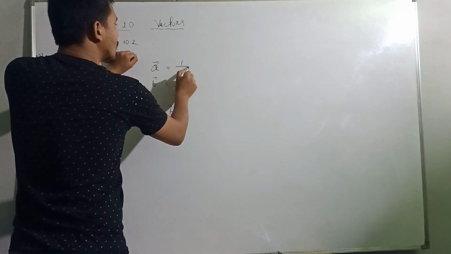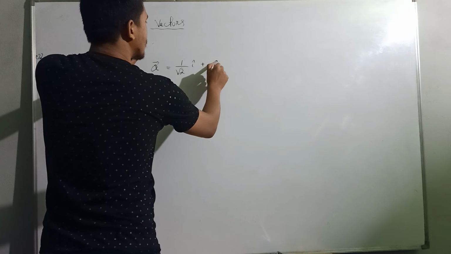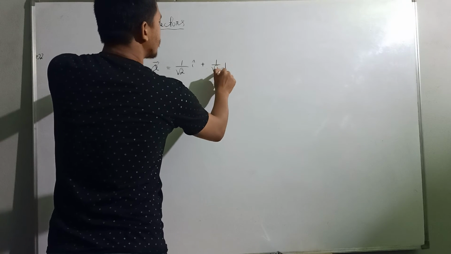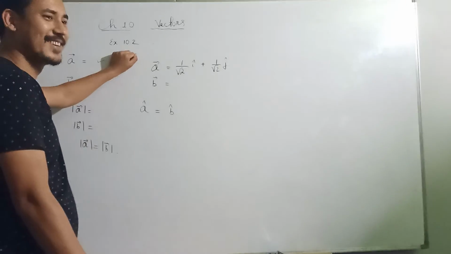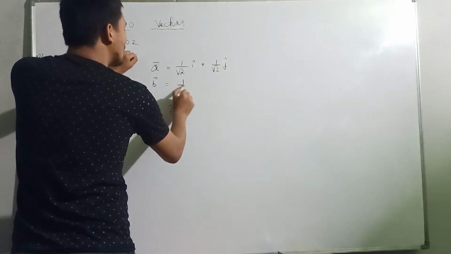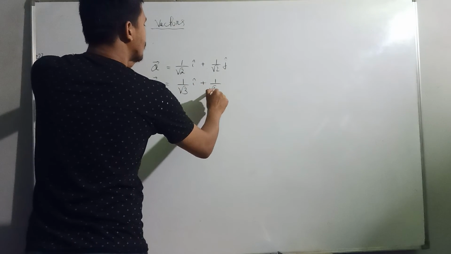Suppose your vector A is 1 upon square root of 3 i cap plus 1 upon square root of 3 j cap. Suppose there is no z component. And your vector B, suppose 1 upon square root of 3 i cap plus 1 upon square root of 3 j cap.